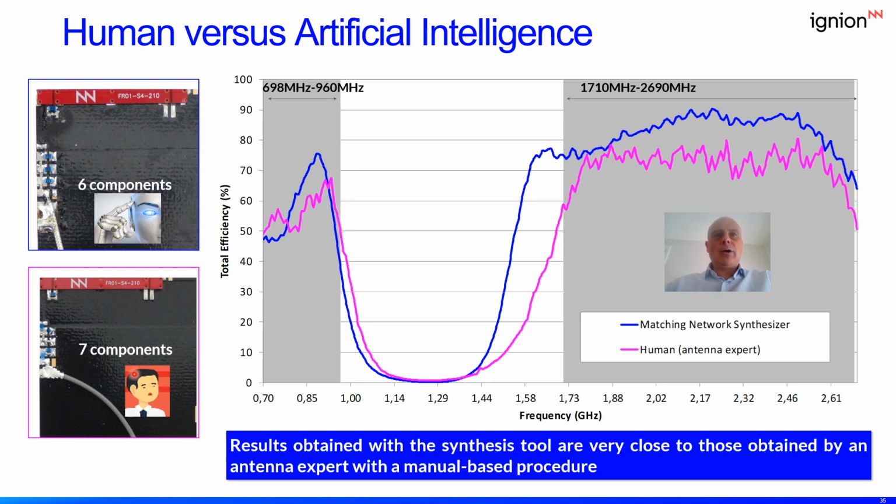Whereas by hand, it took several days to find the best matching network after a trial and error process. So as you can see, this automatic process is fast, easy, and very reliable.